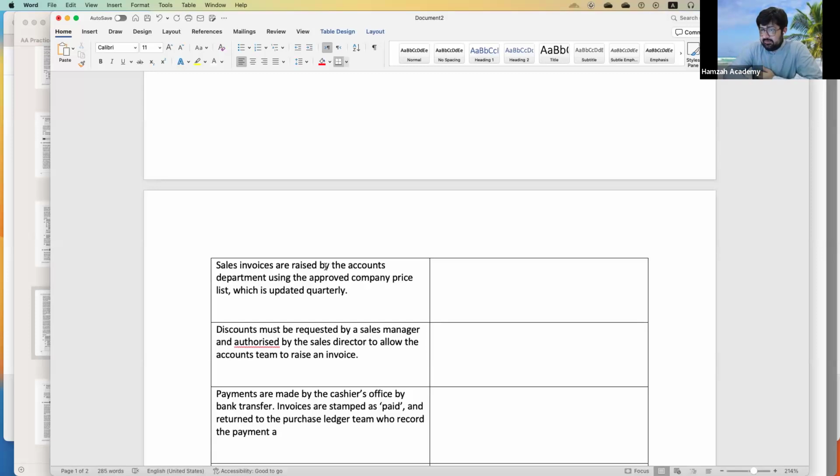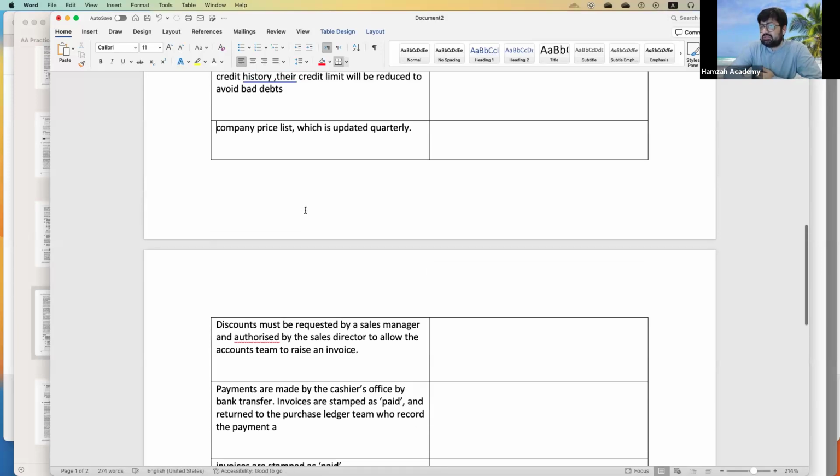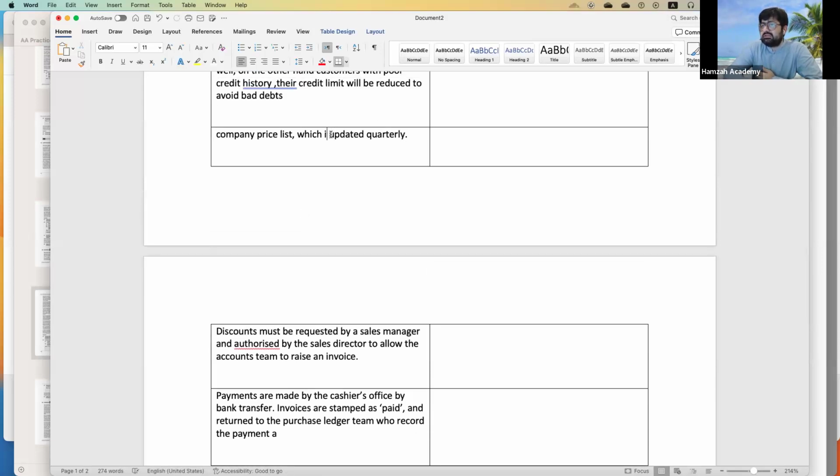Sales invoice, okay, company price list. So basically, this is the point. Company price list is updated quarterly.